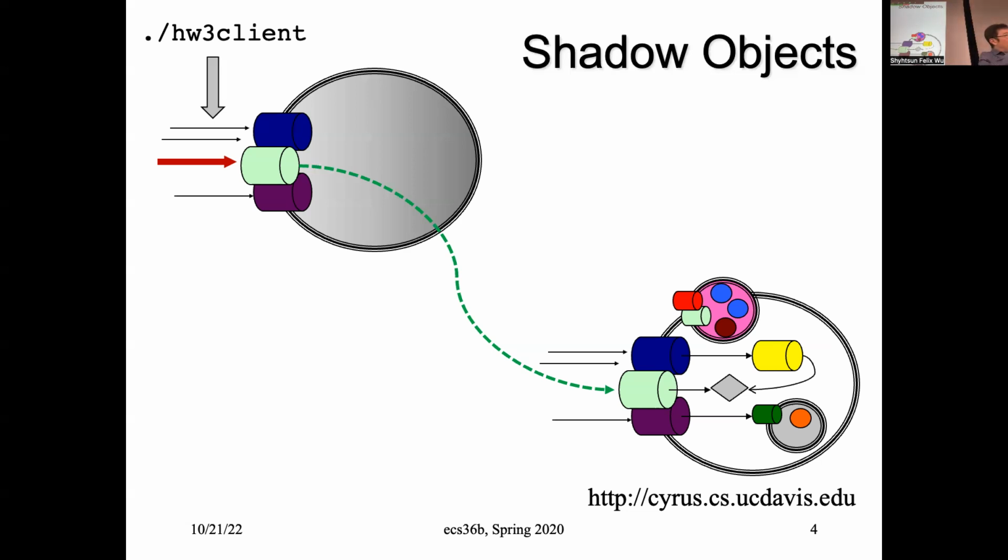Therefore, in the more general case of a shadow object, your real object could be split. Half of it in the real place, but half of it on your machine. But it is essentially still one single object in two places. I mean, there are even more complicated cases you can have in the stock market exchange example.